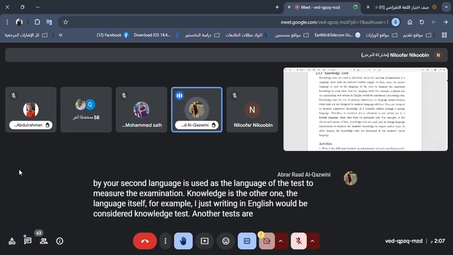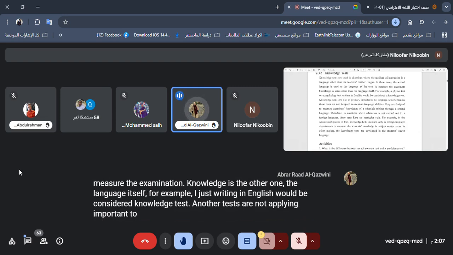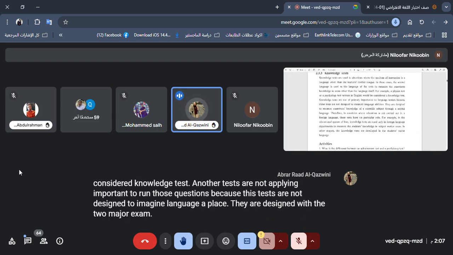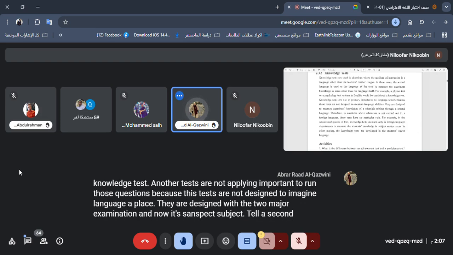Knowledge tests are not very important to language testers because these tests are not designed to measure language. Instead, they are designed to measure examination knowledge of scientific subjects in a second language.